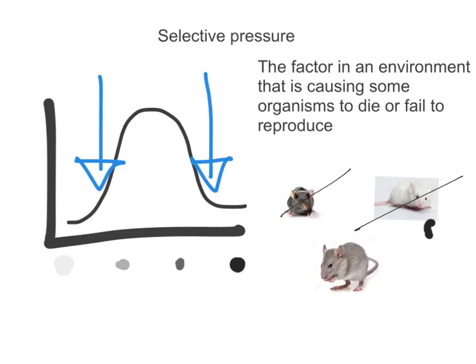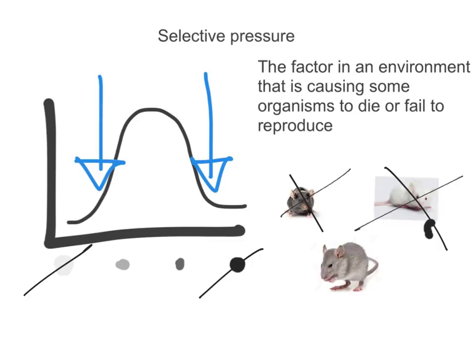So what I mean by that is that for example, we'll stick with our mice. If selective pressure in this case is applied against the darker and the lighter mice. Okay, so these guys and these guys are not surviving. They have selective pressure against them. And what that selective pressure might be, it could be a cat, or it could be just a lack of food or something like that.